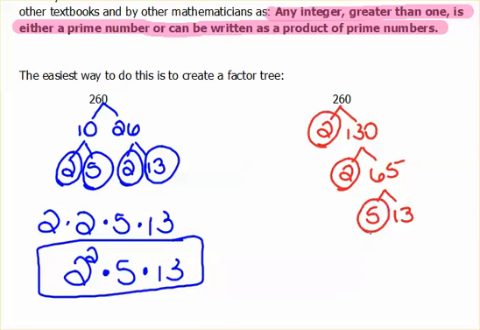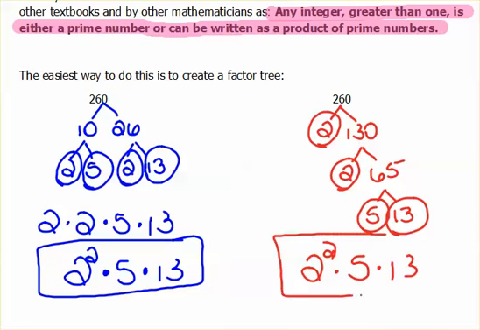So 5 is a prime number, and we know that 13 is a prime number also. So whenever I write this, I would write it as 2 squared, because there were 2 of those 2's, times 5 times 13. We got the exact same factorization no matter which two numbers we started with. And that's what they mean by that each composite number can be written as a product of primes in a unique way.